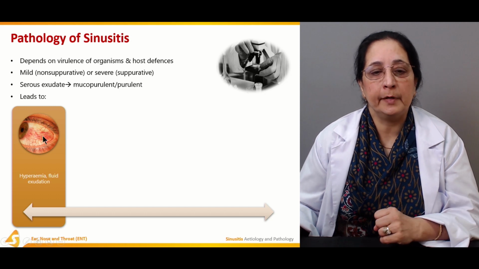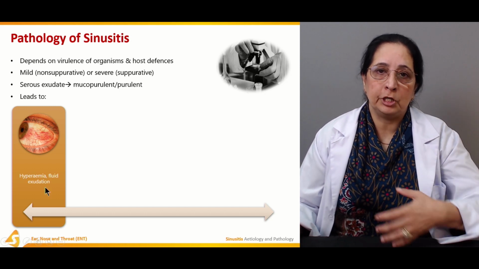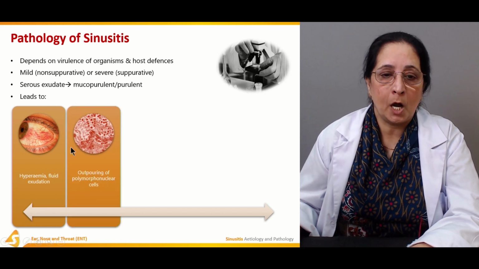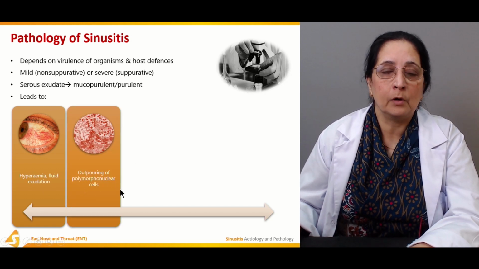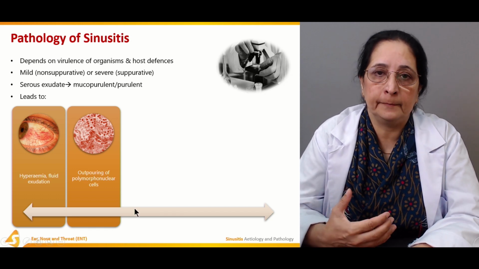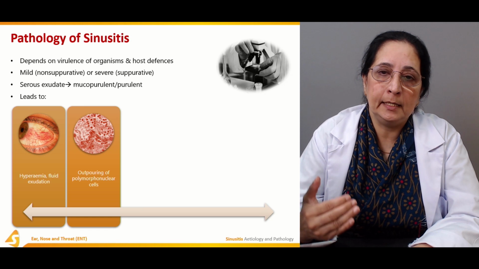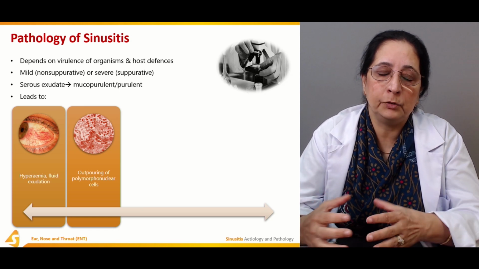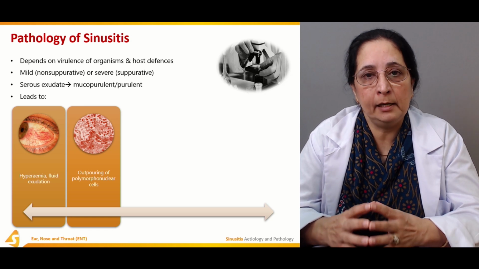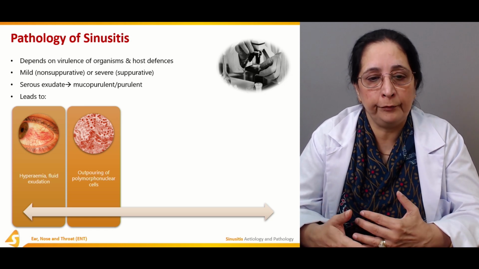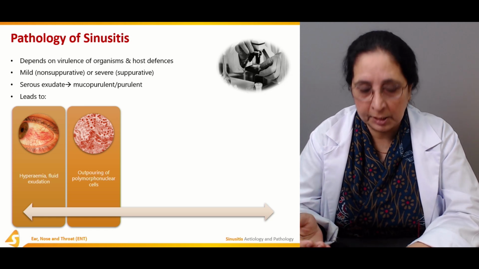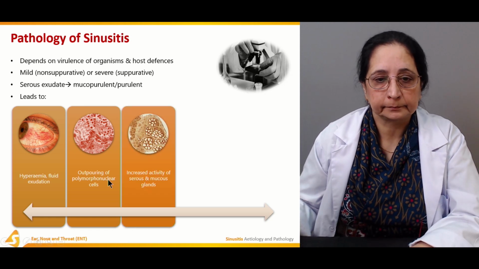This is hyperemia and fluid exudation. The fluid comes out. Then there is outpouring of polymorphonuclear cells. Whenever there is infection, there is an increase in the white blood cell level to fight that infection. So in the area, the neutrophils or polymorphonuclear cells increase in number.